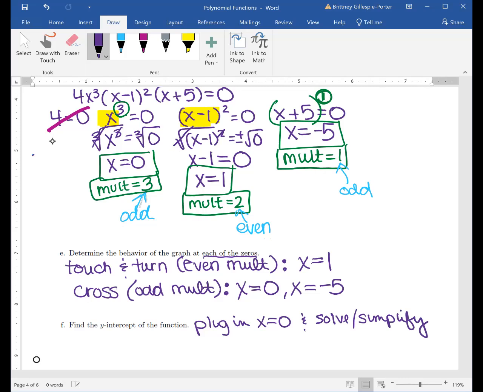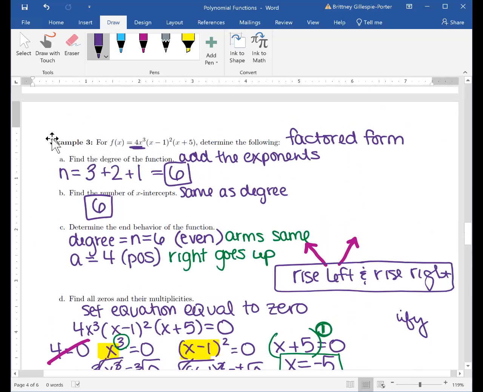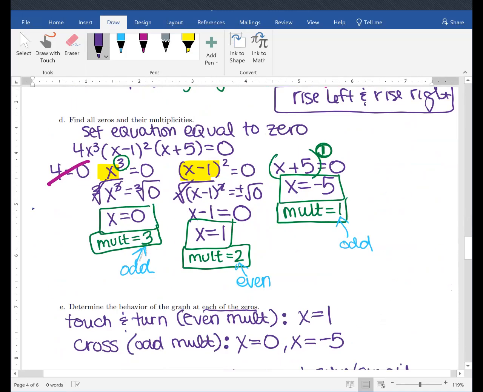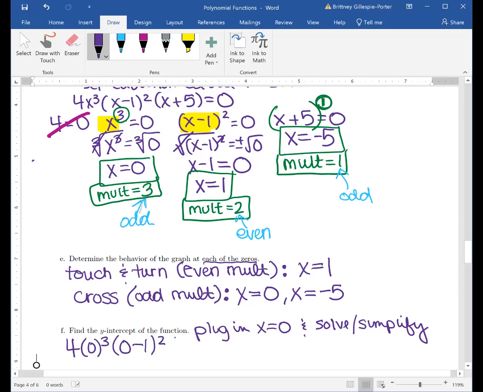So plugging into our function, taking the original function, this f of x equals, coming all the way back up here, or if you did write it down in part D, we would have 4 times, instead of x cubed, we'll do 0 cubed times 0 minus 1 squared times 0 plus 5.